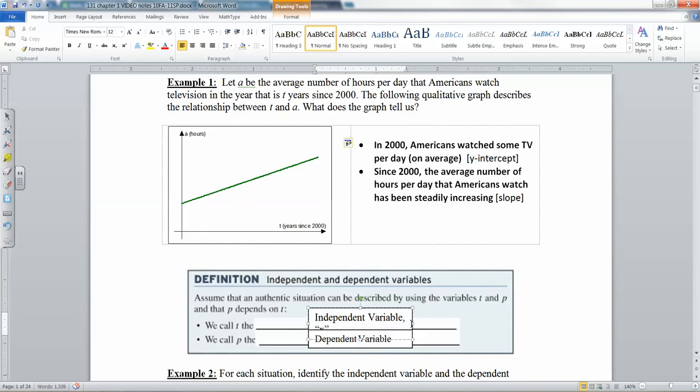Now I'm going to put x in quotes because it's not always the letter x, but it's often the letter x, and the dependent variable is like your "y," right? And again, we won't always use those letters, that's why I'm putting them in quotes. We change the letters, but they'll be something like that. Okay? So, for example, in the one we were doing above, t was the independent variable and A was the dependent variable. That happens.